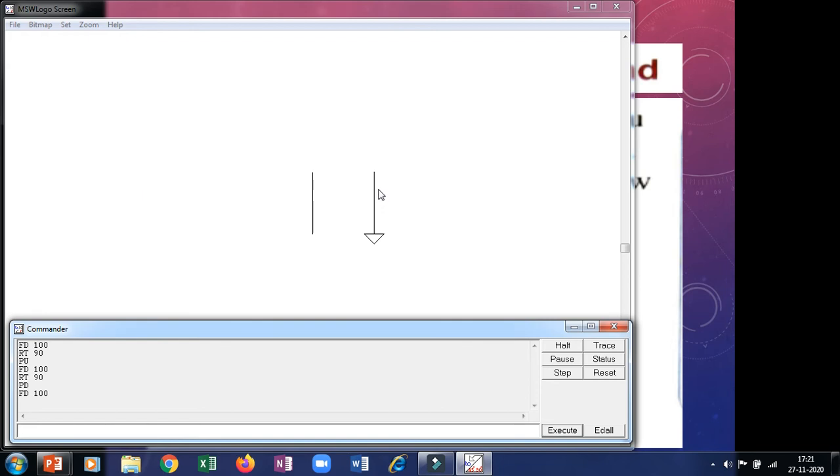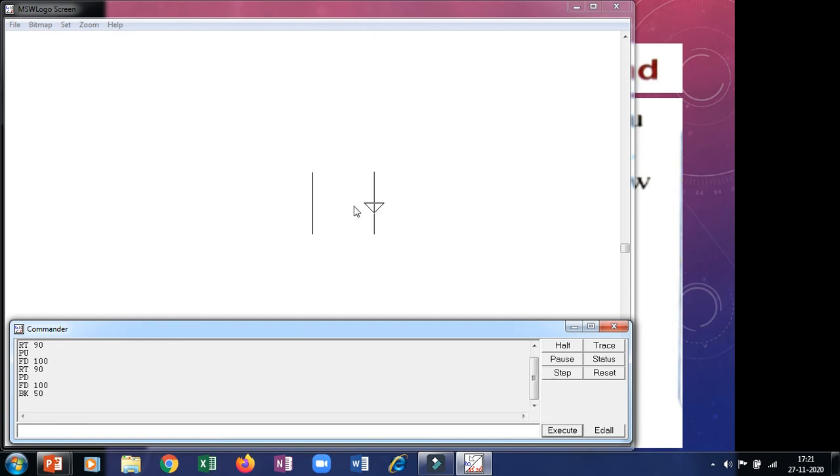Let us move the turtle to the center of this same line, BK 50. Okay, half. So 50 is half. Now let us make the turtle face this side.